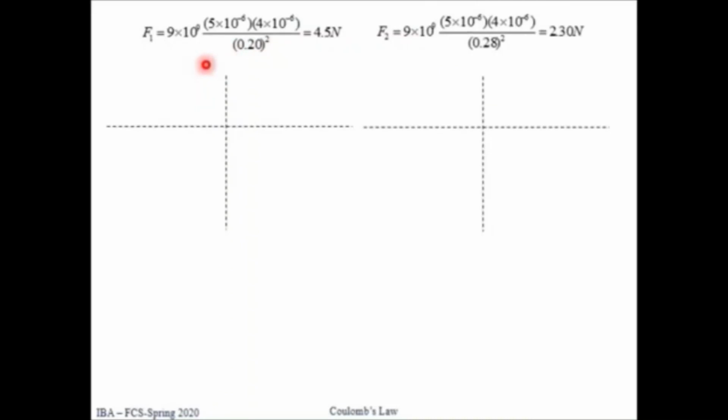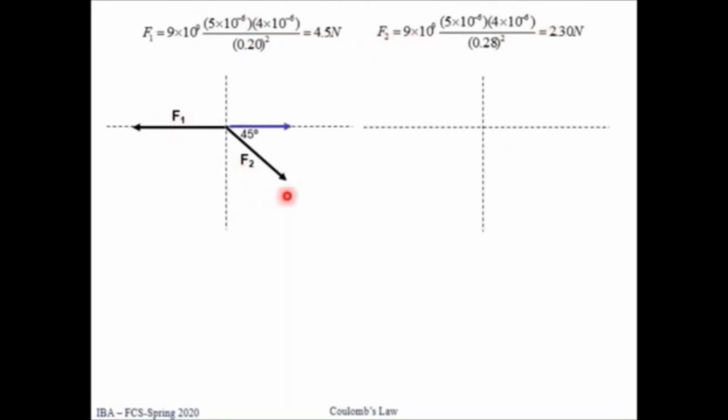Let's plot these values. As given in the previous slide, F1 is along the negative x-axis and F2 is in the plane of positive x-axis and negative y-axis, making an angle of 45 with respect to the positive x-axis. Their values are given here, which have been determined previously.